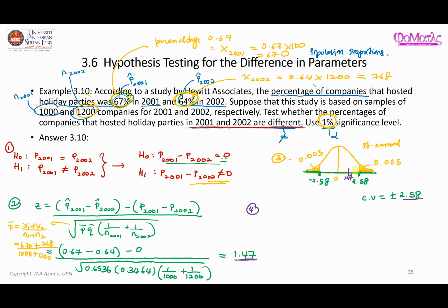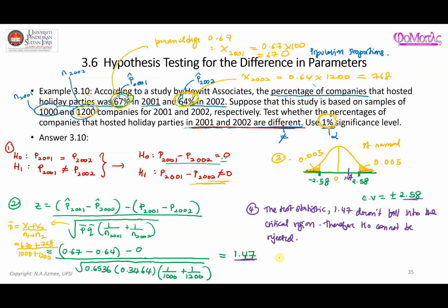So these are the critical regions here, and we can say that the test statistic (1.47) doesn't fall into the critical region. Therefore, H null cannot be rejected. Okay.